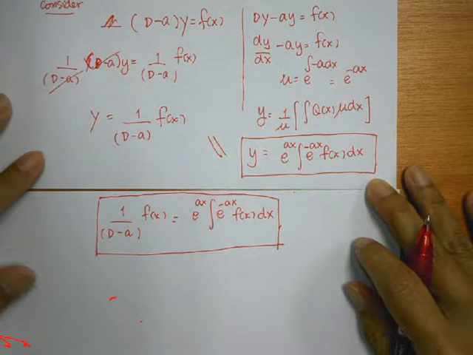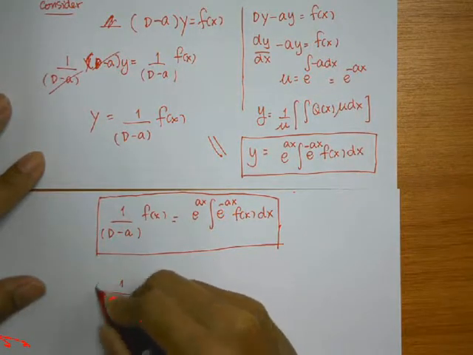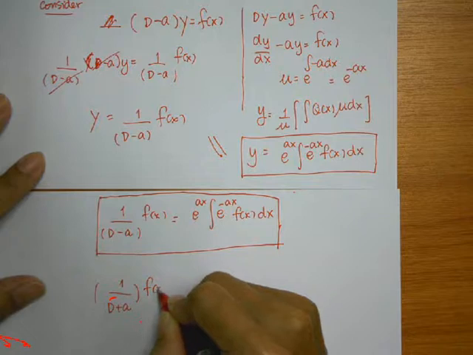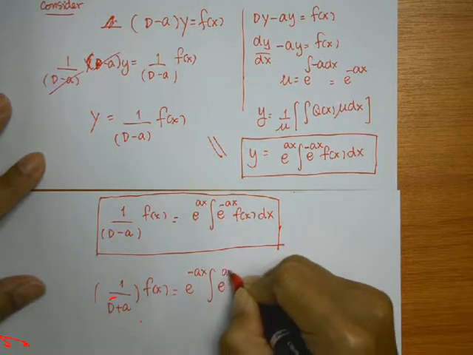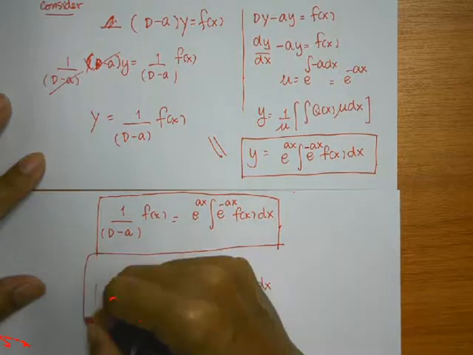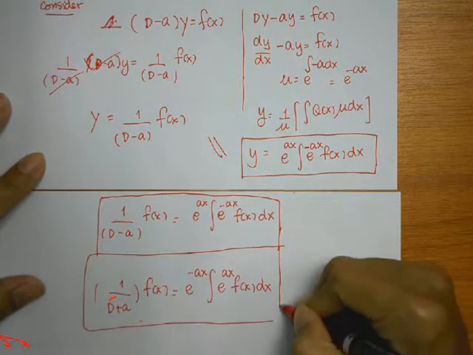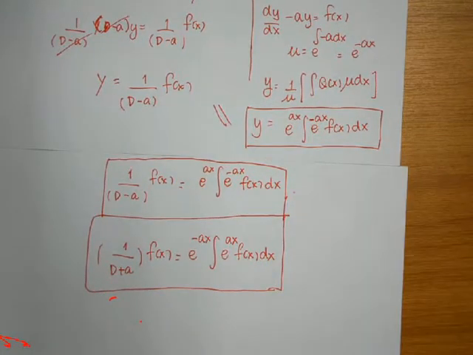So if we change from D minus a to D plus a, we would get, that is from the operator method. Do you know the meaning of 1 over D f(x)?